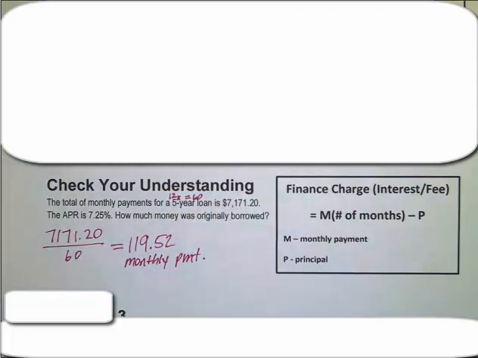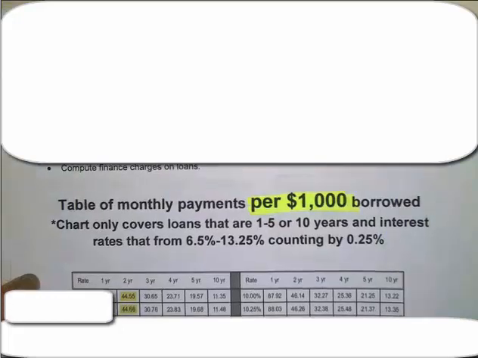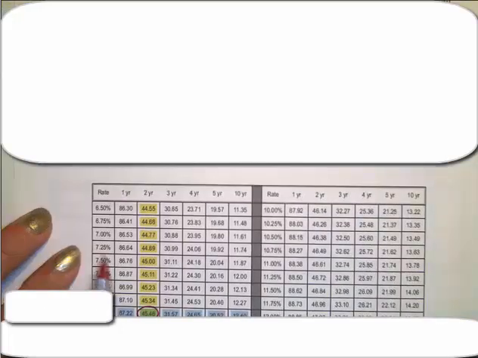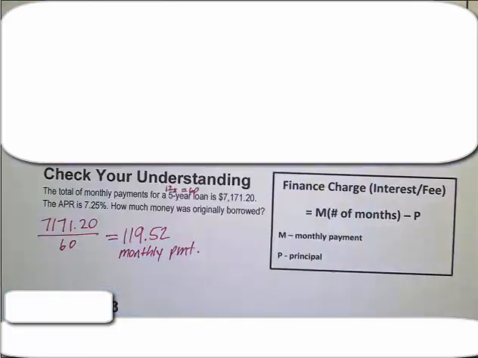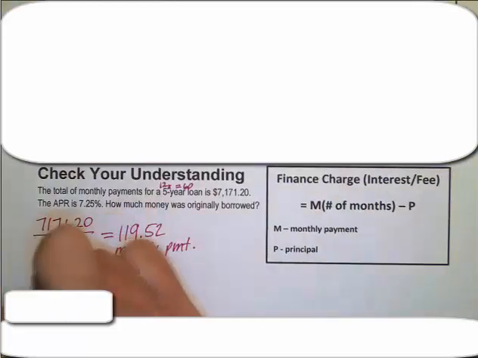So if we paid $119.52, we have to go back to the chart and look at 7.25% for 5 years. So 7.25% for 5 years, we pay $19.92 per thousand.